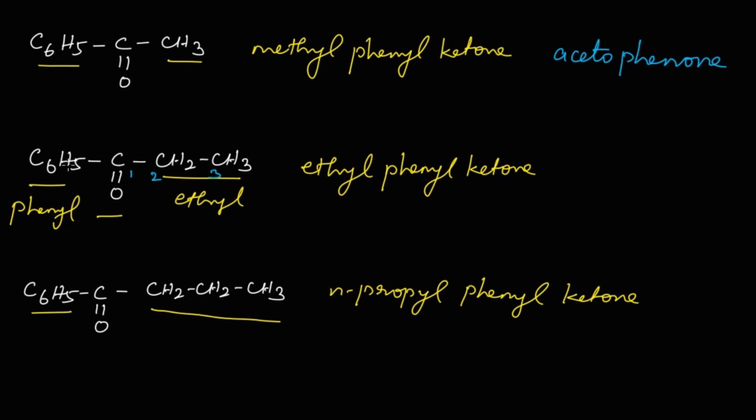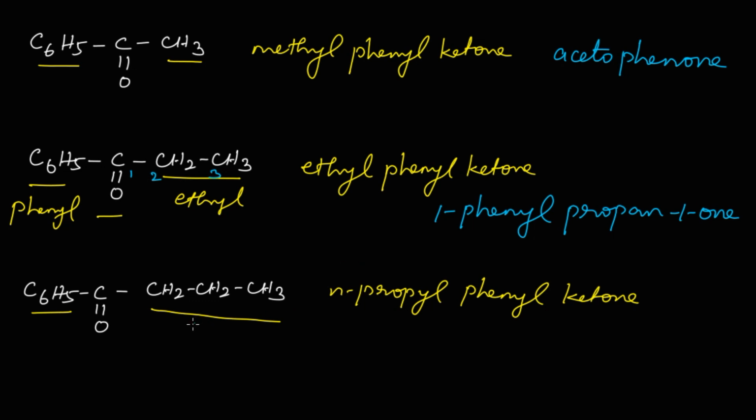To the first carbon, phenyl is attached, so 1-phenyl. 3 carbons are there, so propan. The first carbon carries the functional group, that is ketone, so 1-one will be the suffix. So the IUPAC name of ethyl phenyl ketone is 1-phenyl propan-1-one.